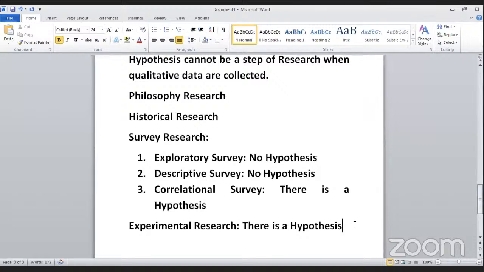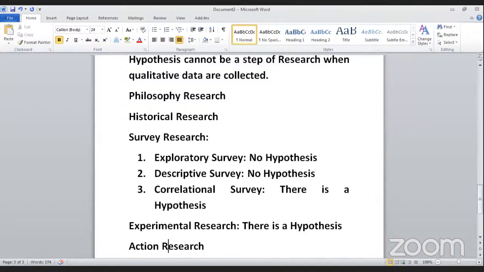Now, another is action research. I'm sure some of you might have read about action research, and all of you know action research is experimental in nature. What is the difference between experimental research and action research?